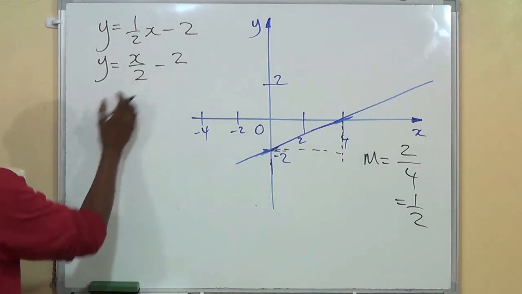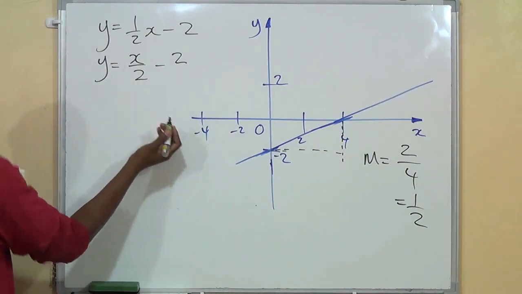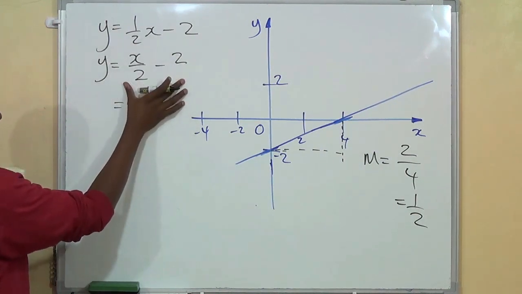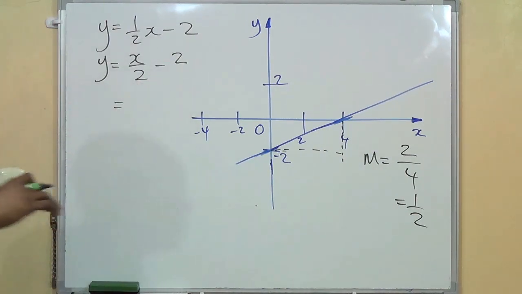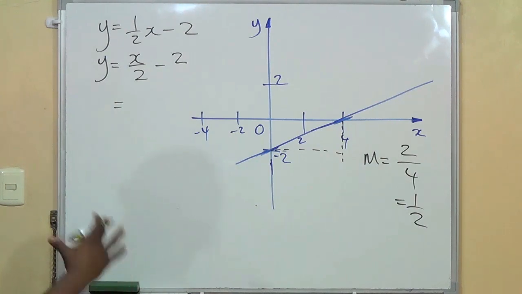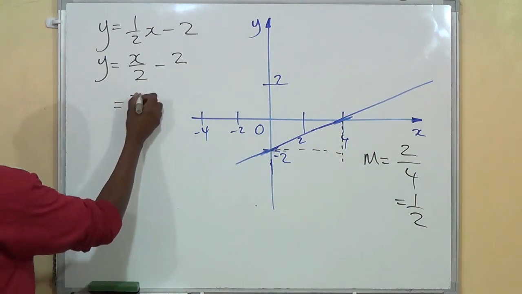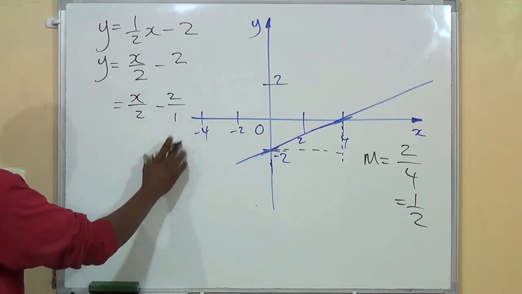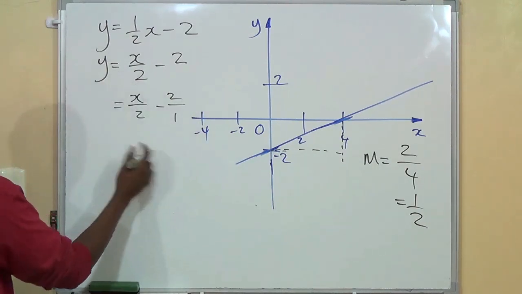So what I would do here, there are about 3 or 4 different ways to do this, and I don't necessarily want to do all of them here, but I'll just choose one at random. So x over 2 minus 2 over 1, and you do your regular LCM story.